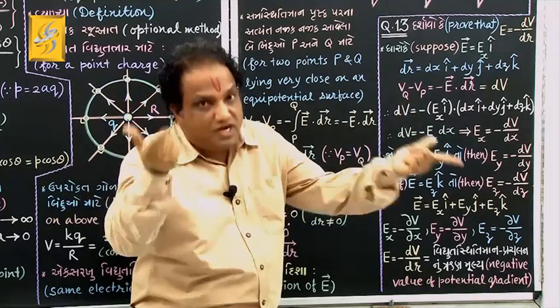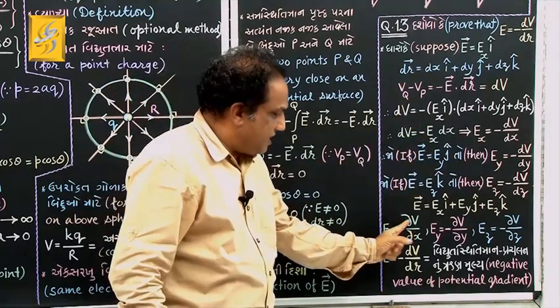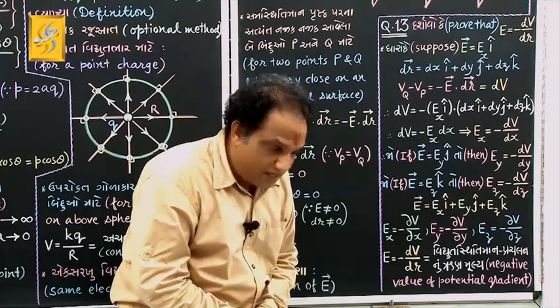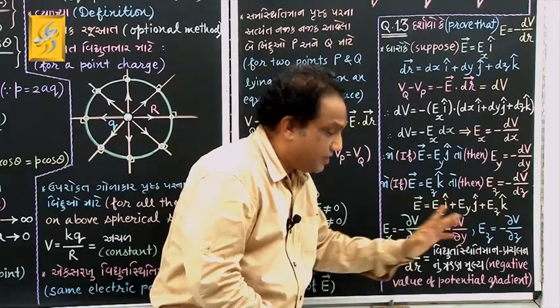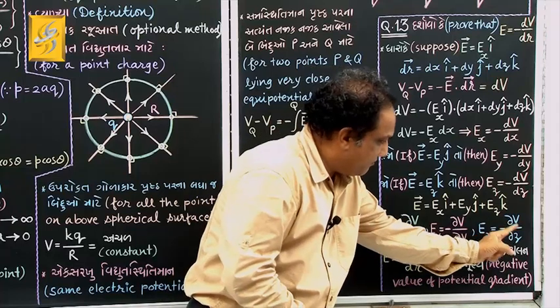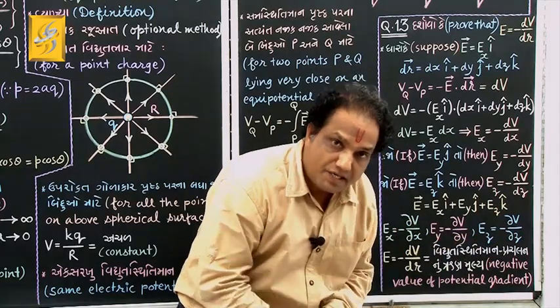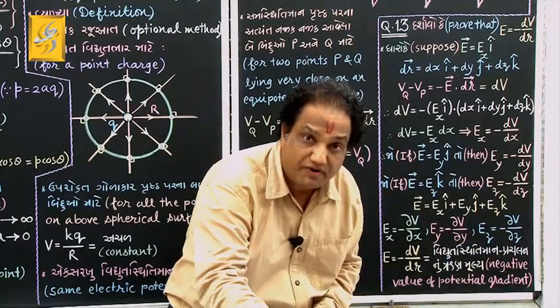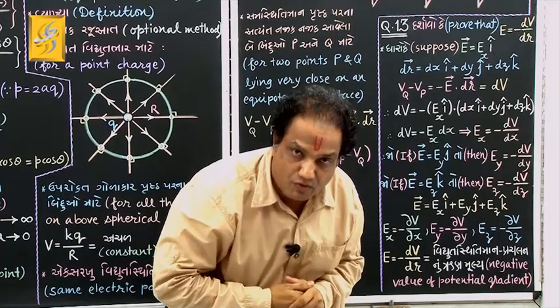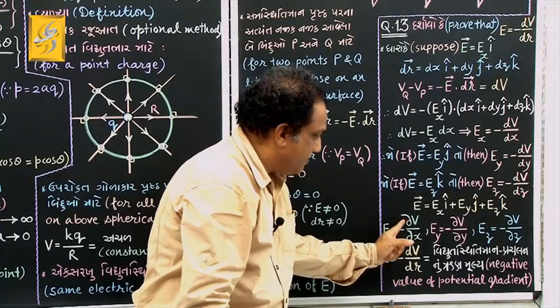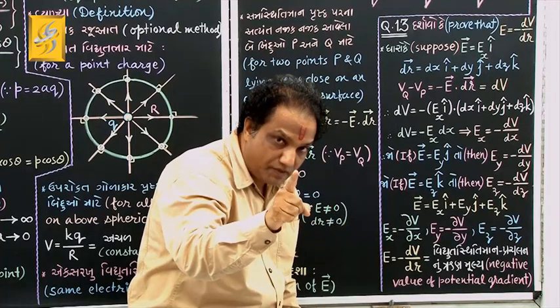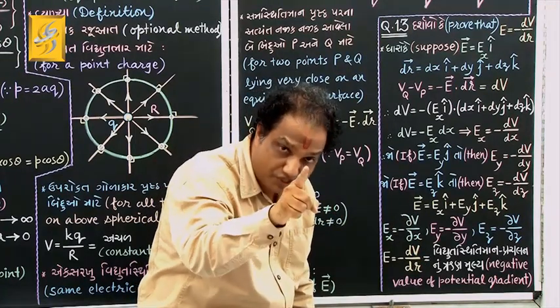We call it partial derivative, and the symbol is this: del by del x. Similarly, this is partial derivative with respect to y. This is partial derivative with respect to z. Correct? But how does partial derivative differ from complete derivative? Whenever you take partial derivative with respect to x, you are supposed to take y and z as constants.